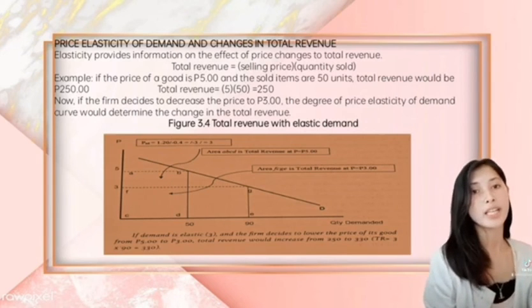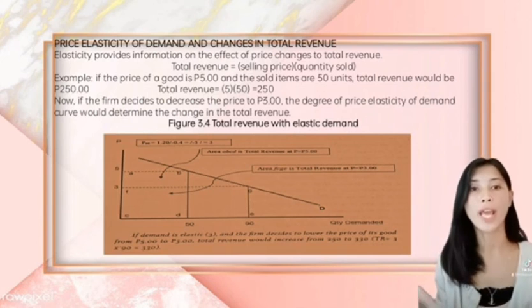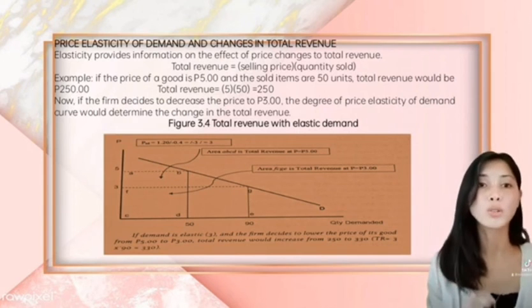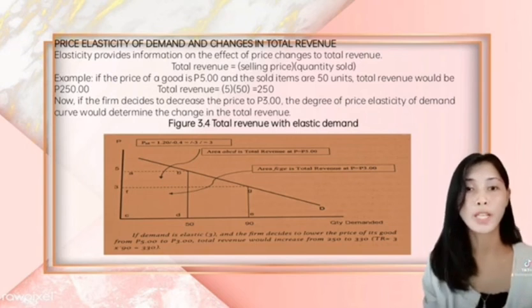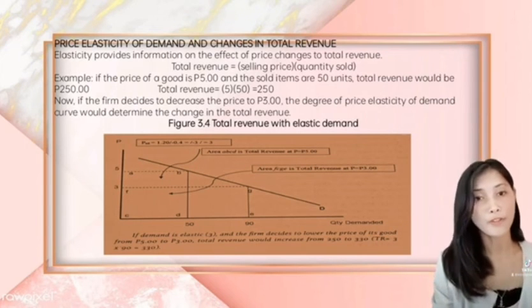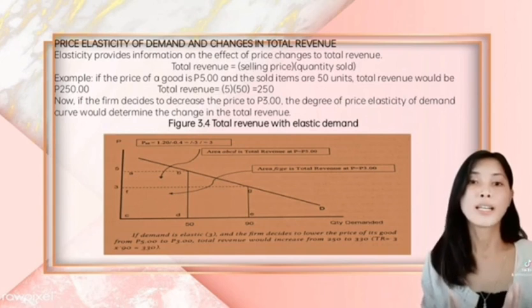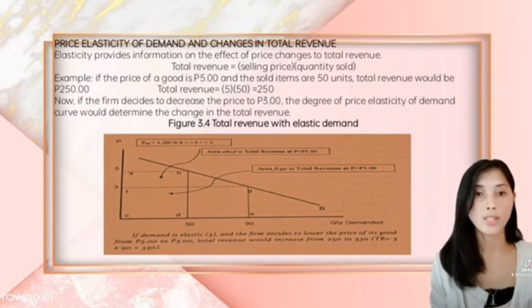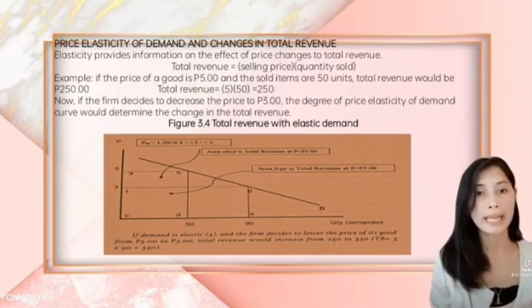So here, in figure 3.4, the area A to D is the total revenue of 5 pesos and the units will be 50. When the price decreases to 3 pesos, then the units will be 90.